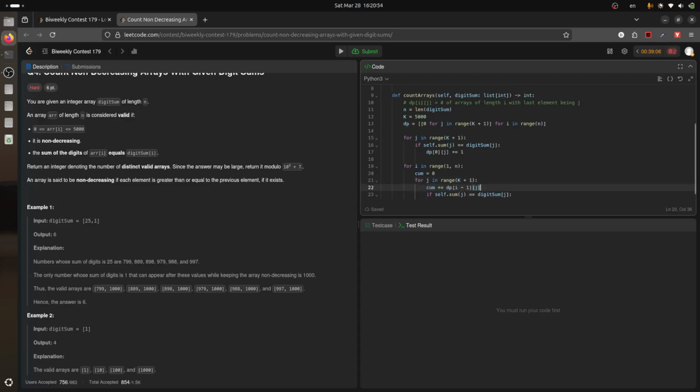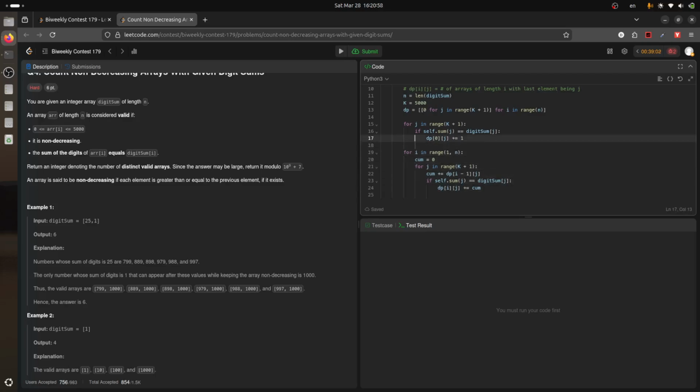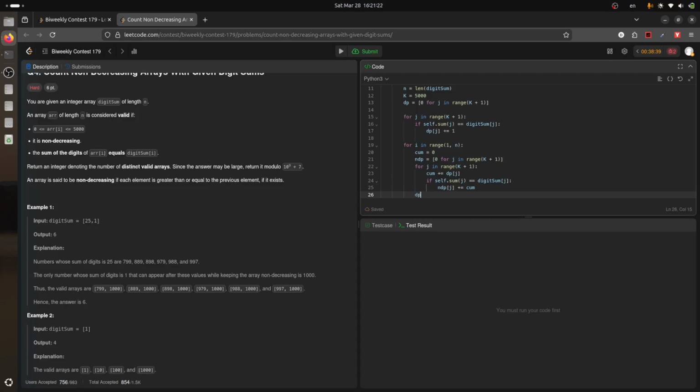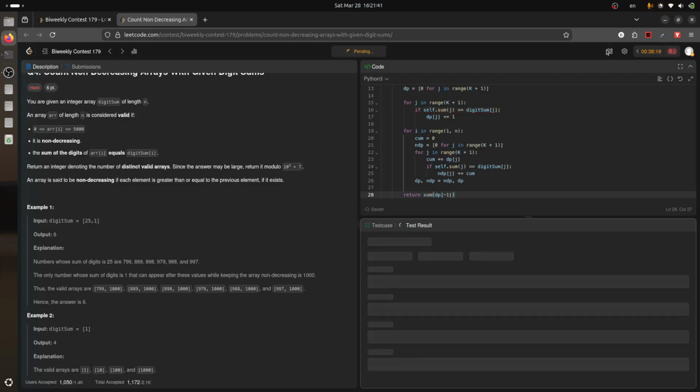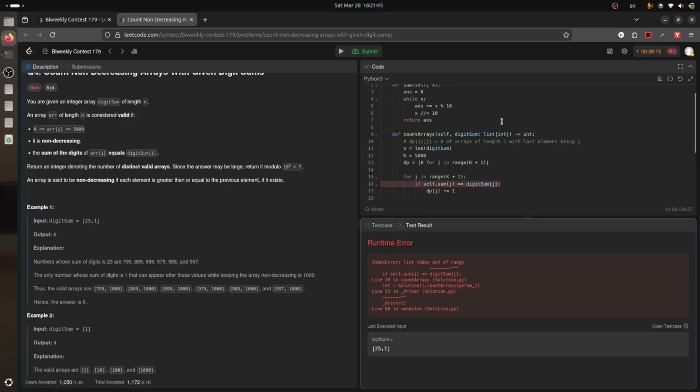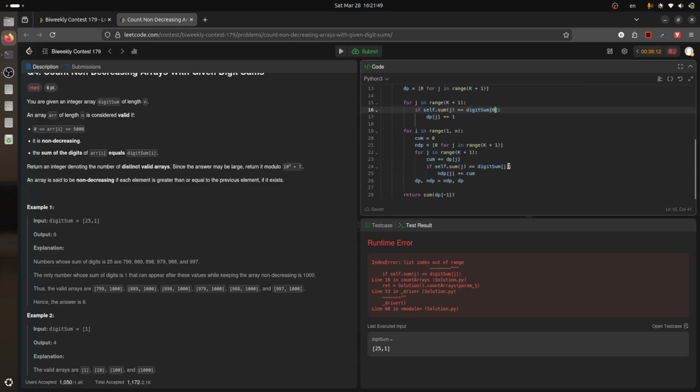It should be like this. Then I guess we can swap, so we don't have to do this, and then we do ndp as 0 for j in range k plus 1, ndp[j] += this, and then dp, ndp = ndp, dp, and then return the sum of this, or dp minus 1 maybe. Oh, because there should be 0 here and high here.